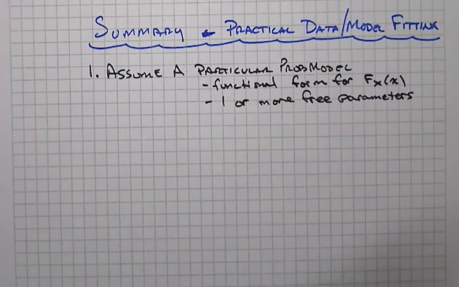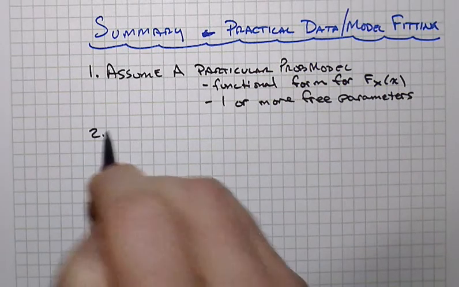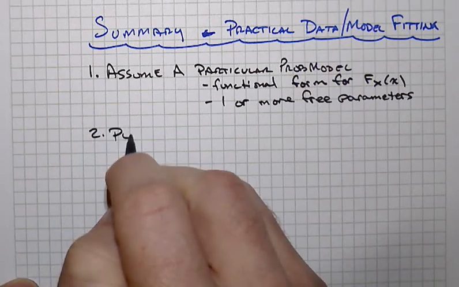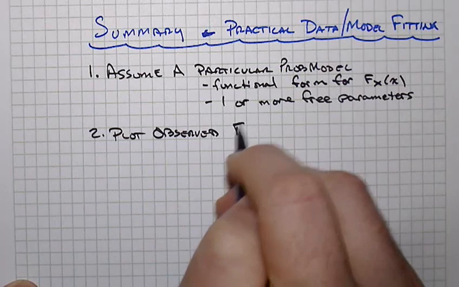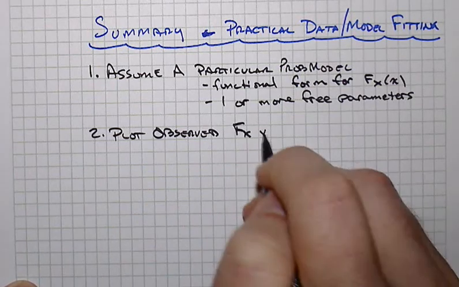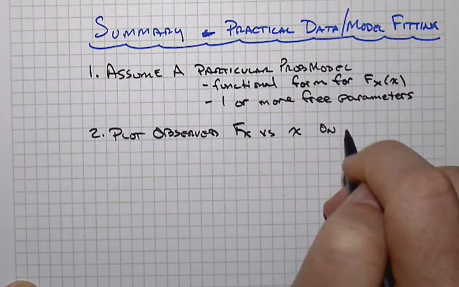So now you have to decide how you're going to get those. So you plot the observed CDF values versus x on a probability scale.